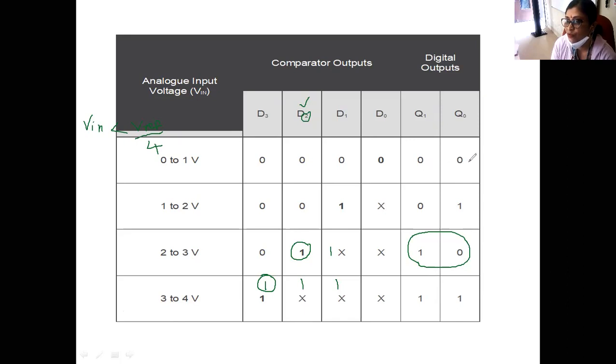So it is going to produce the digital value equivalent of a certain range of analog input values. In this way, the 2-bit flash analog to digital converter will work.